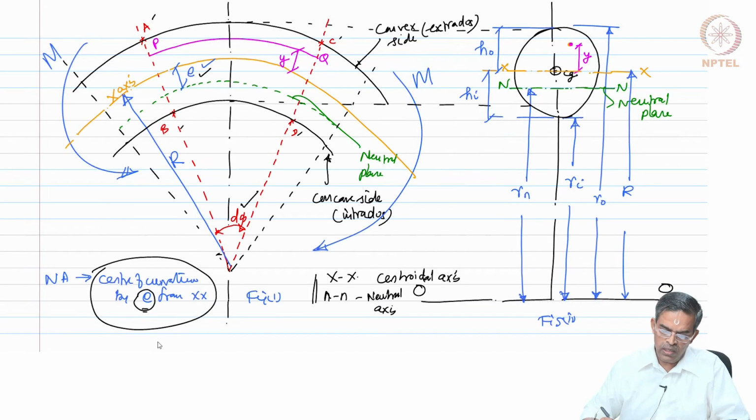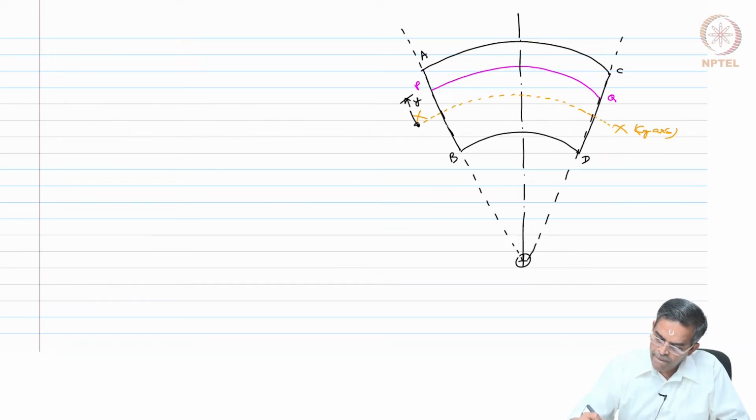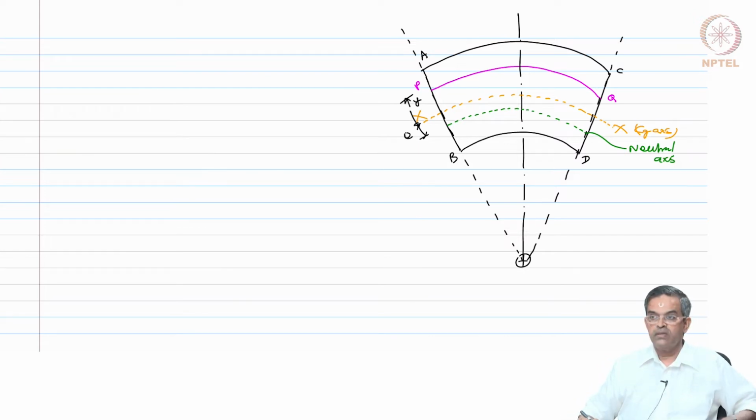Now, let us also mark the neutral axis, which is in green color. So, this is my neutral axis, and we know this is at a distance e shifted towards the center of curvature.